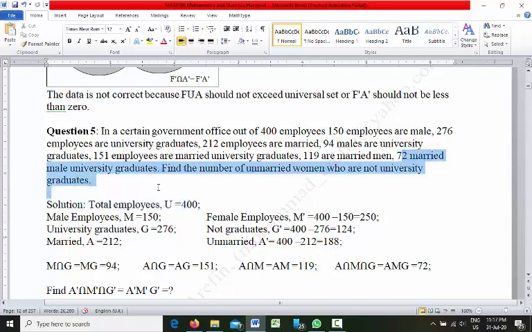72 employees are married male university graduates.